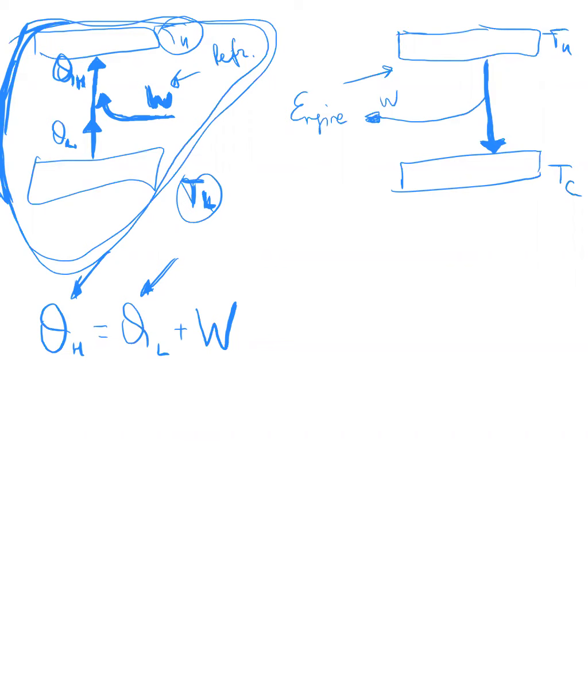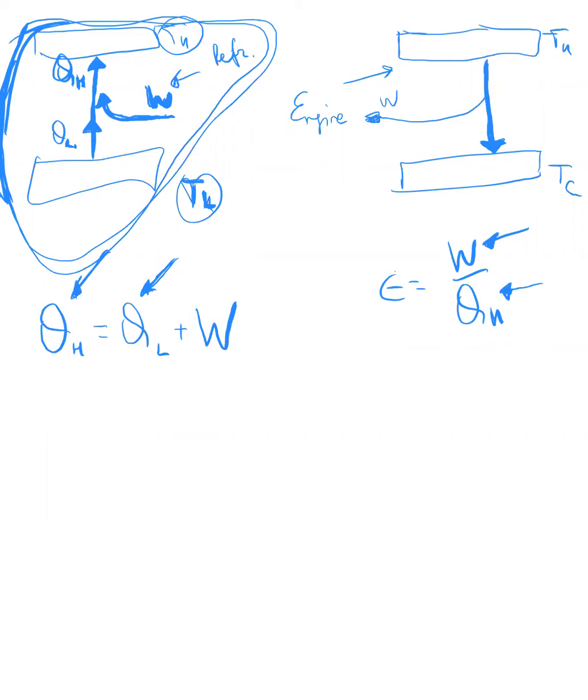Now, how do we describe the efficiency of refrigerators? For the engines, we had efficiency as work divided by QH. So this is kind of useful energy, and this is total energy.